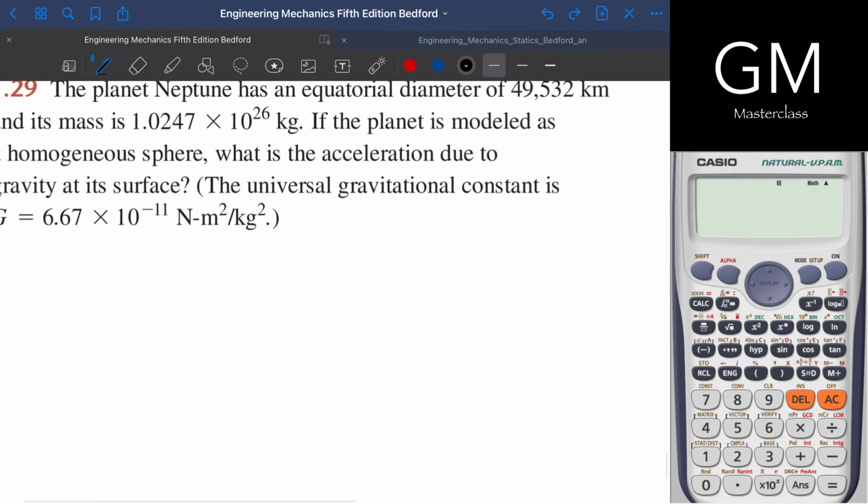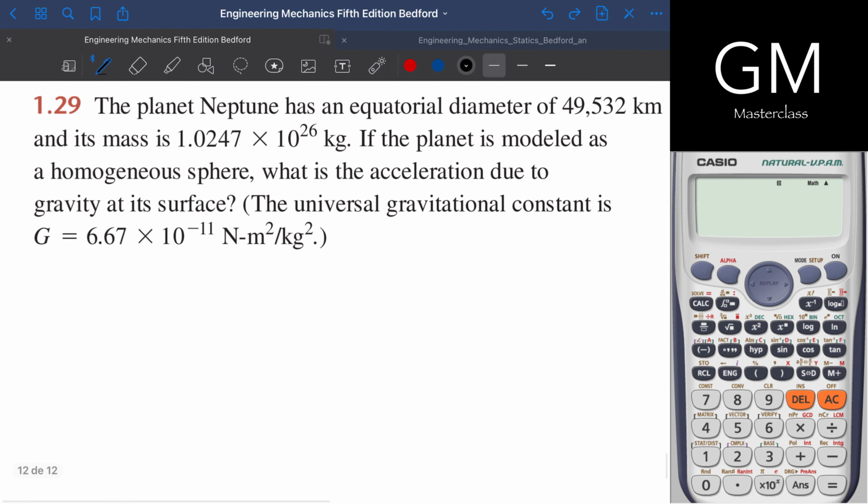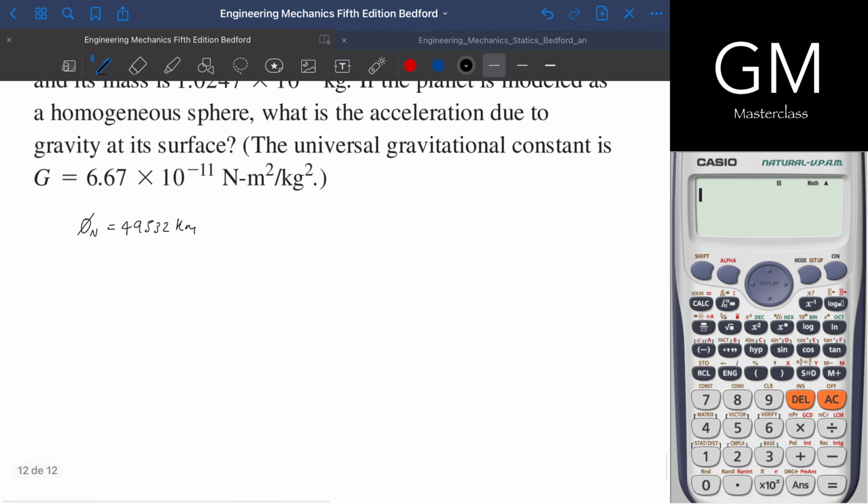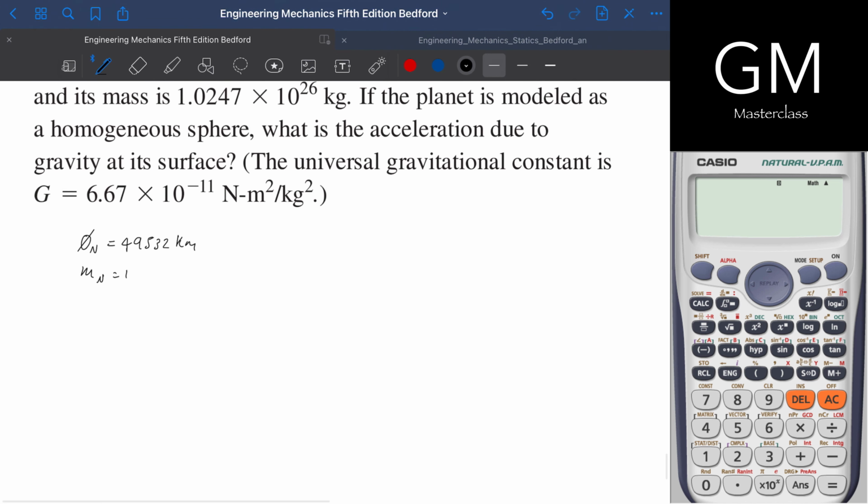Now, I'm going to write down the information that I need for solving the exercise. It is telling me that the diameter of the equatorial line of Neptune is equal to 49,532 kilometers. Neptune has a mass of 1.0247 times 10 to the 26 power kilograms.